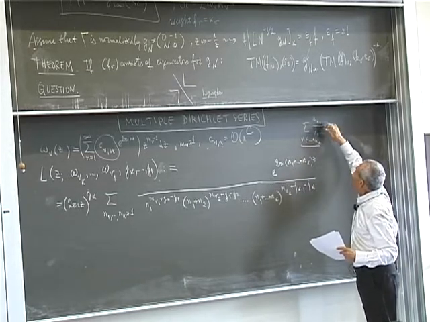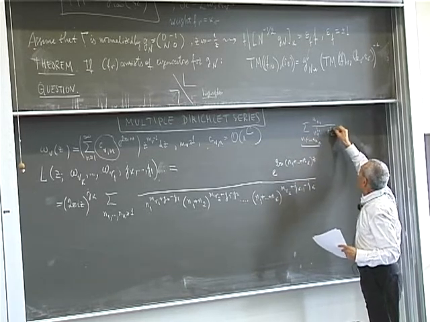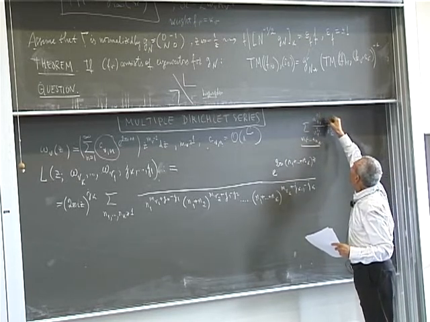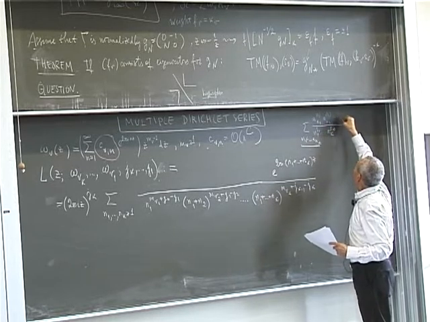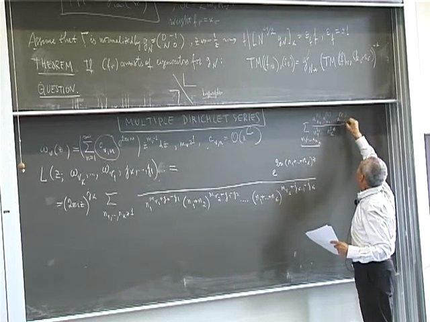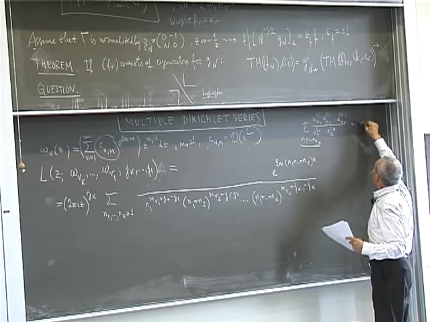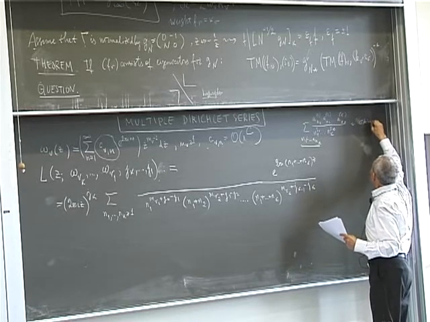I have some usual zeta series with coefficients a_1 and n_1, then another with coefficients a_2 and n_2, and then one more with coefficients a_k and n_k. And this would be the usual ordinary multiple zeta series.